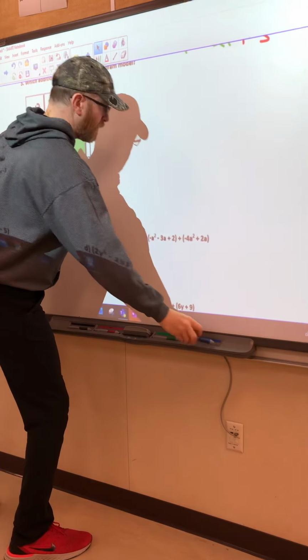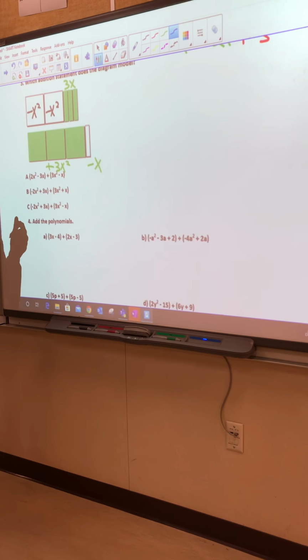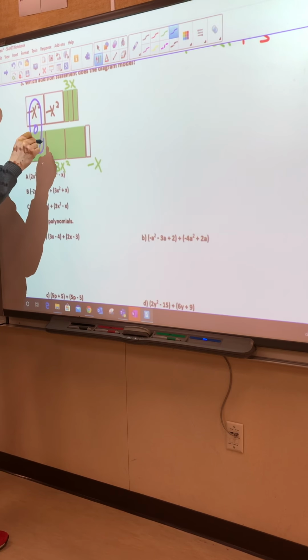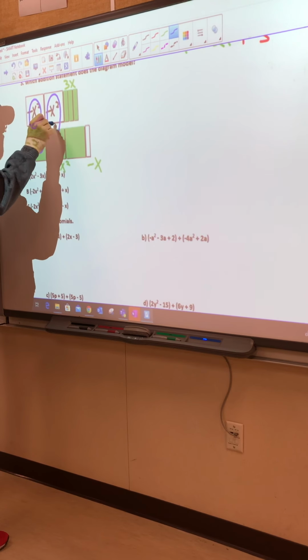Okay, solve some 0 pairs here. This is 0. This is 0, because negative 1 and positive 1, you just make 0. So we have positive x squared. This is a 0 pair here.